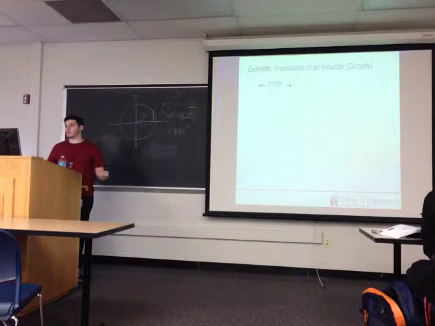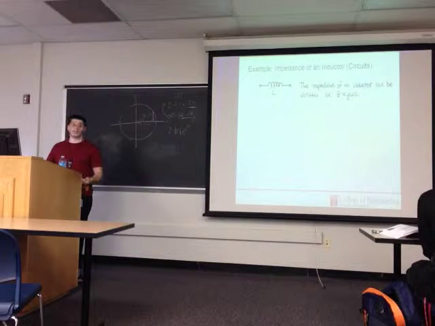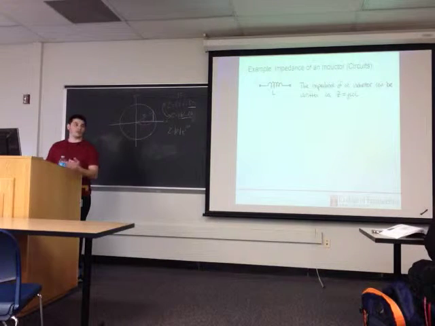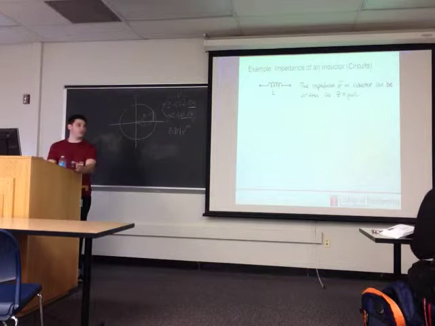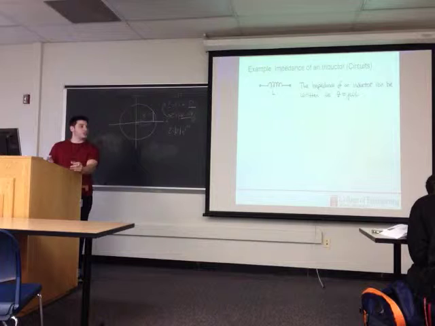All right, here's an example in circuits when we would use complex numbers. We would use it for the impedance of an inductor. An inductor, which is an electrical component, is represented as Z, which is its impedance. In the first lab, we had resistors in our circuit, and we had a DC voltage.